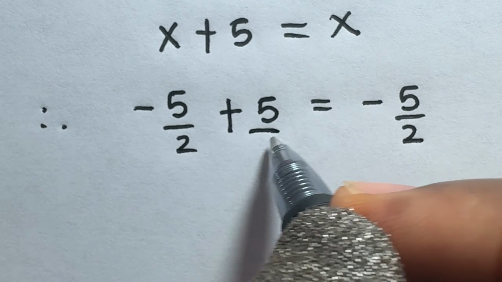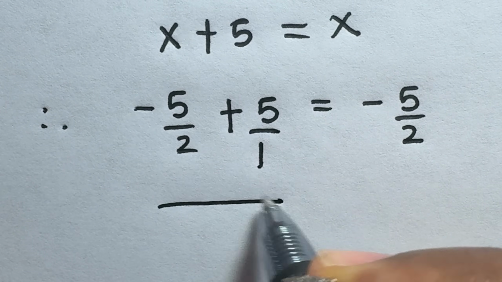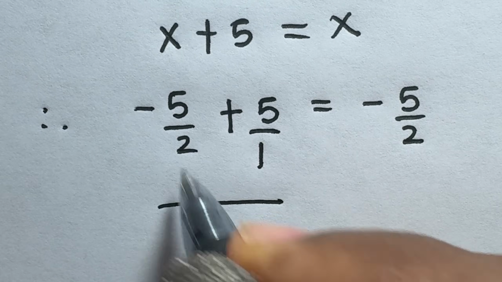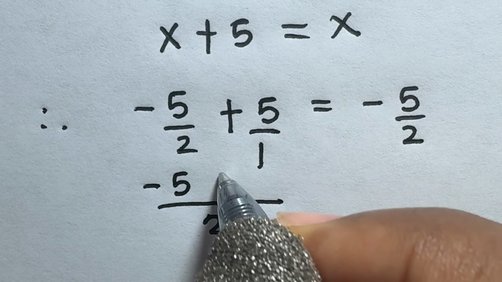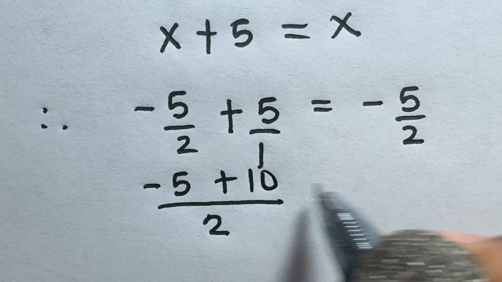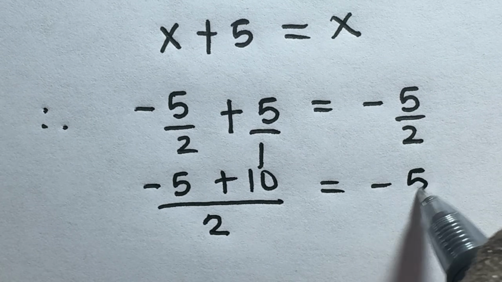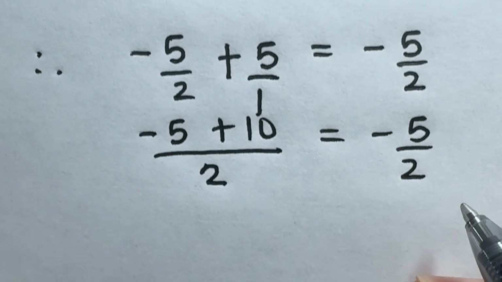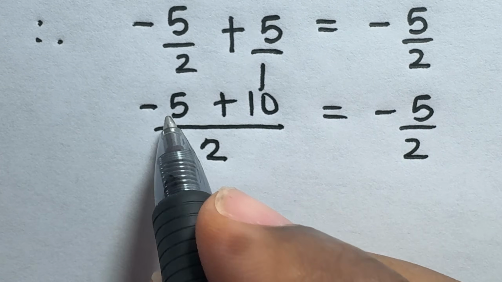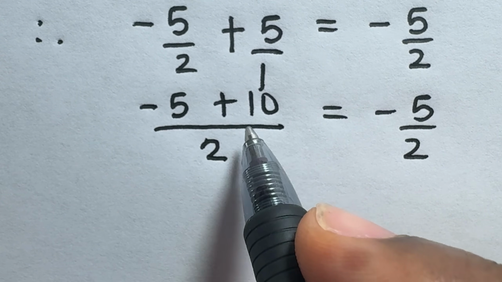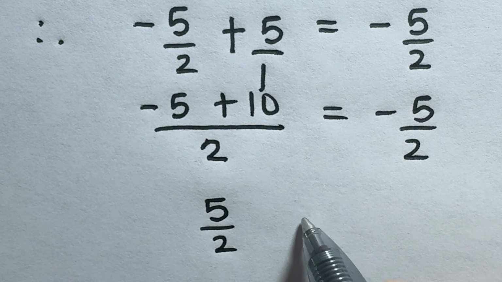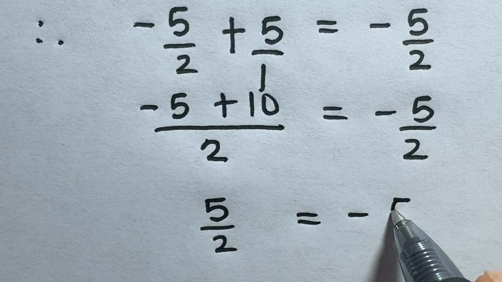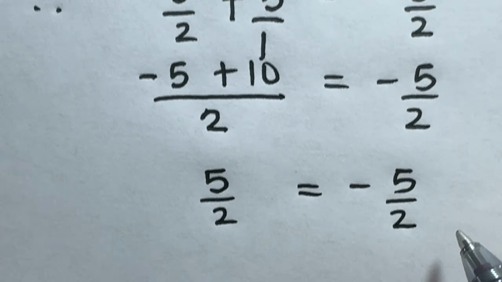Let us take the LCM of the left-hand side. This is 2. So here we have negative 5, and then here we have plus 10. This is equal to negative 5 over 2. Now, minus 5 plus 10 is positive 5 divided by 2, which is equal to negative 5 over 2.